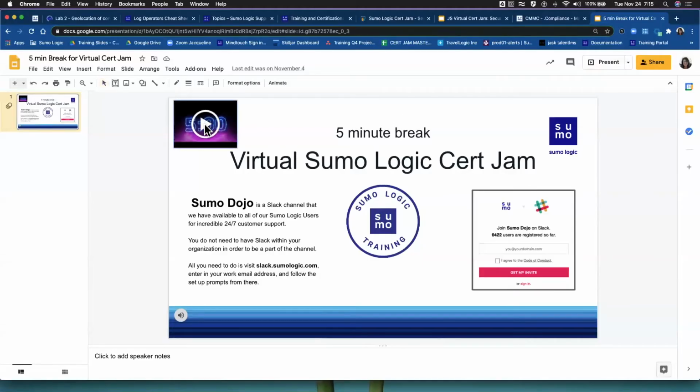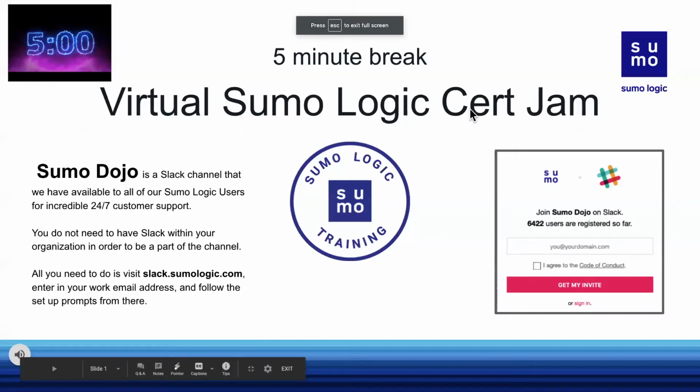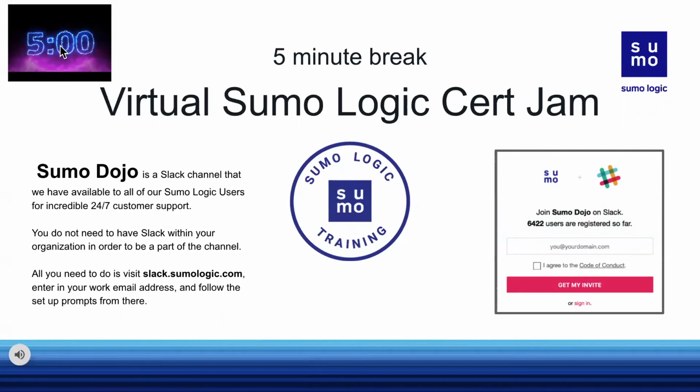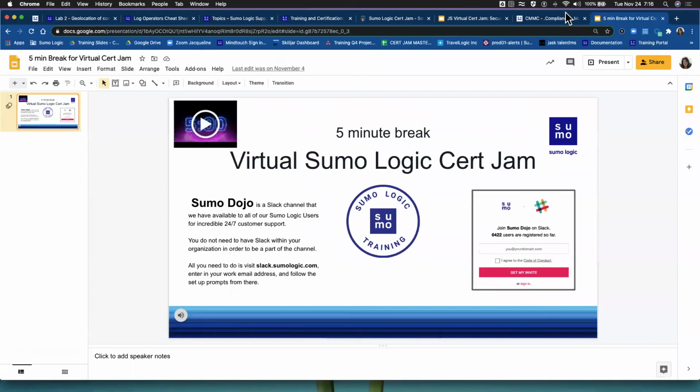Goodness. Okay, I'm just going to run it this way and start letting it count down. Just taking a while for it to go into present mode. There we go. Okay, now we'll let this count down. Take a 5-minute break. Hopefully my Wi-Fi will be smoothed out in those 5 minutes. If not, I'll cry. All right, it's not counting down. Darn it. All right, I will skin the cat a little bit differently.